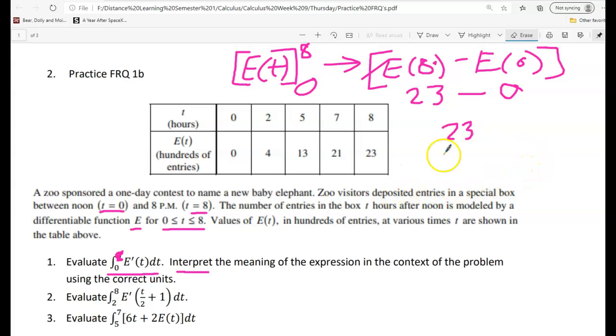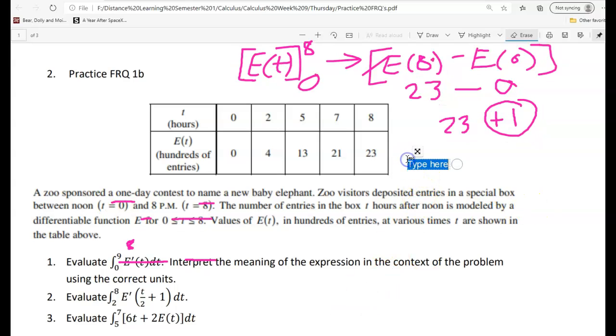But now we need to interpret it. Just so you guys know, though, that this piece here counts as 1 point, just getting the correct answer for the integral. The next part is the interpretation. The interpretation would have to include the units of the input, the units of the output, as well as basically what the answer means in the context of the problem.